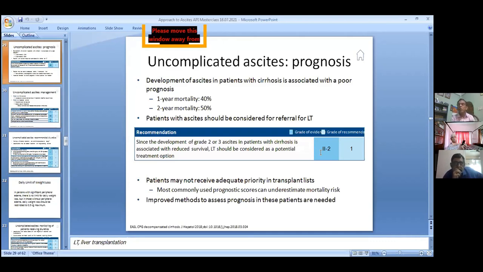So when a patient develops ascites, especially grade 2 or grade 3, the patient should be referred for liver transplantation, since survival is reduced and liver transplant should be considered as the potential treatment option.